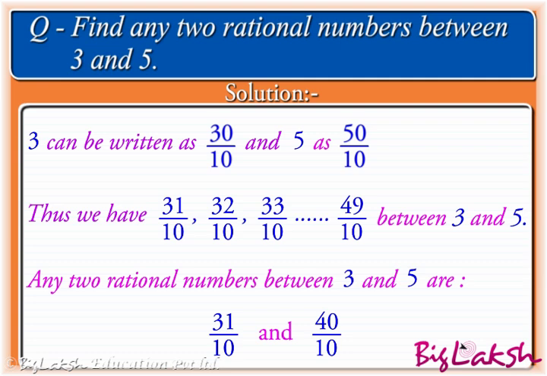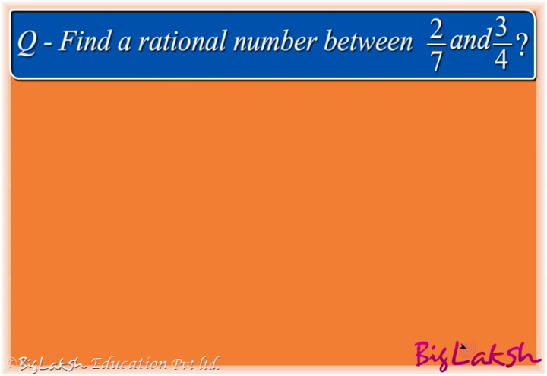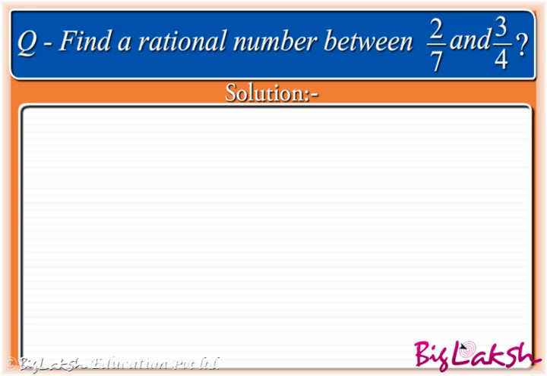Let us take an example of an alternative method. Find a rational number between 2 by 7 and 3 by 4. To find a rational number between two rational numbers by the alternative method, we will find the mean of the two given rational numbers.